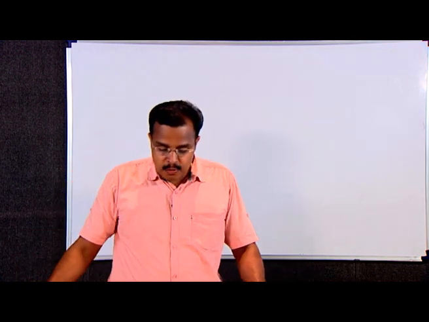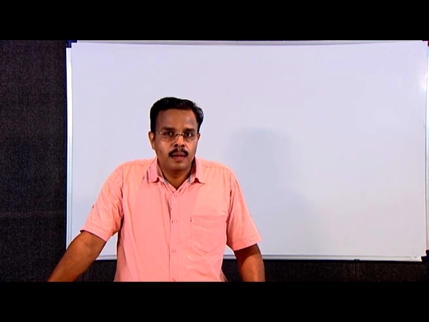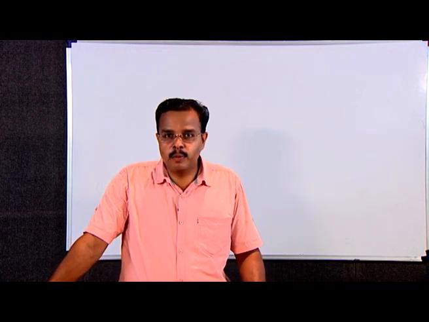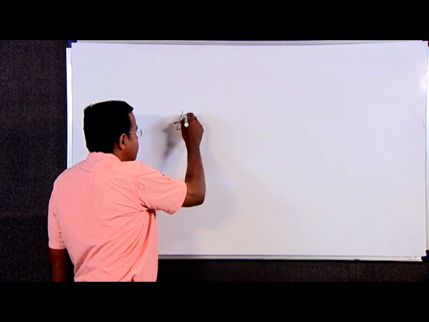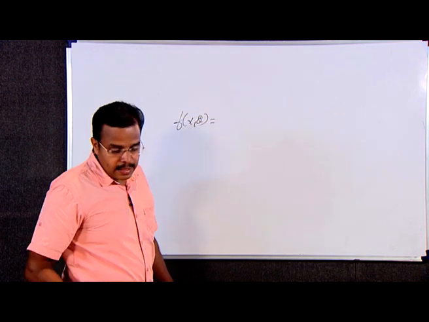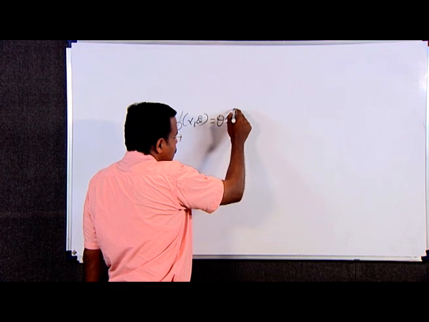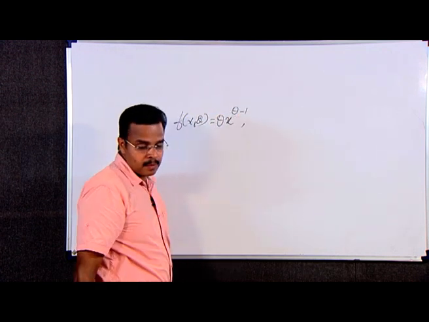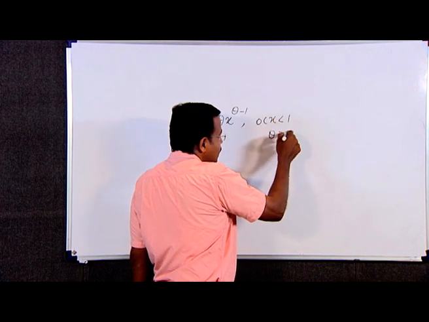Next, we are considering one more problem. Let x1, x2 etc. xn be a random sample taken from a population with the PDF f of x, theta, that is equal to theta x raised to theta minus 1 for 0 less than x less than 1 and theta greater than 0.